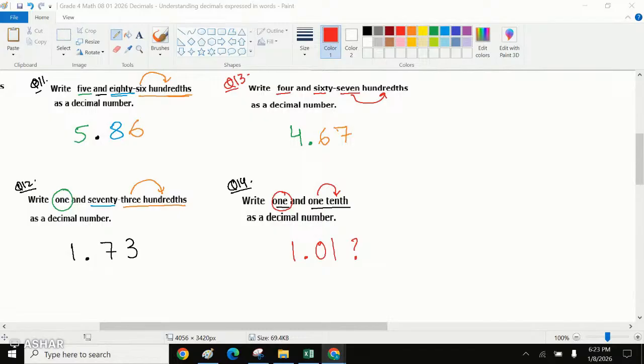Yes, it should be 1.1. This is the hundredths position, right? So this we cannot say, but this is correct, right?